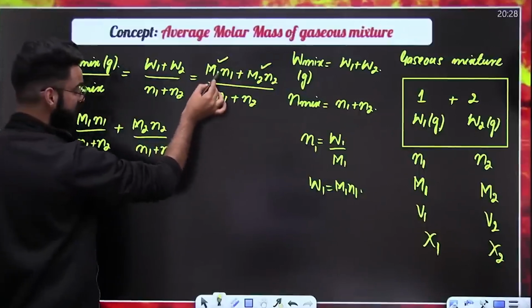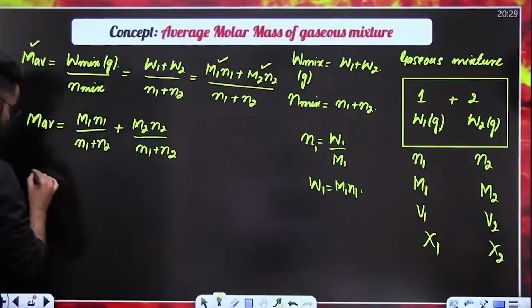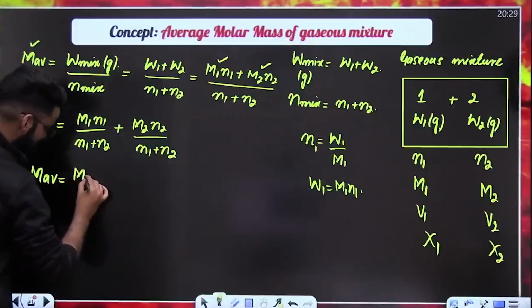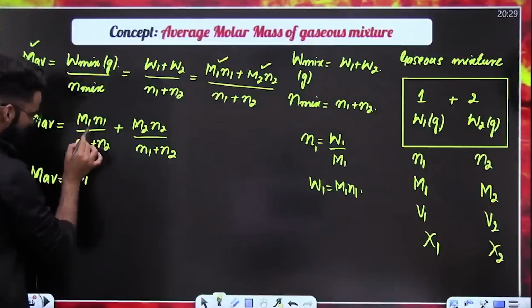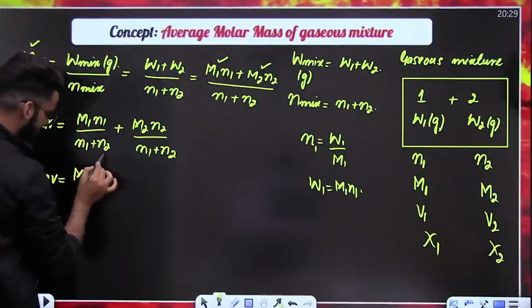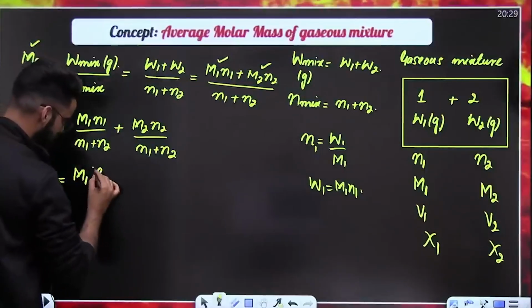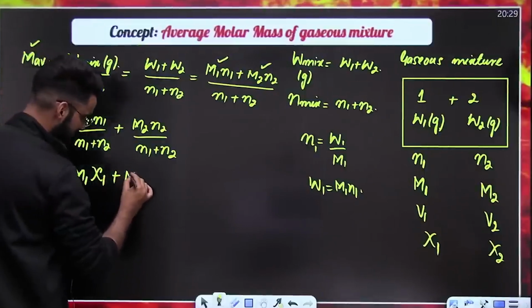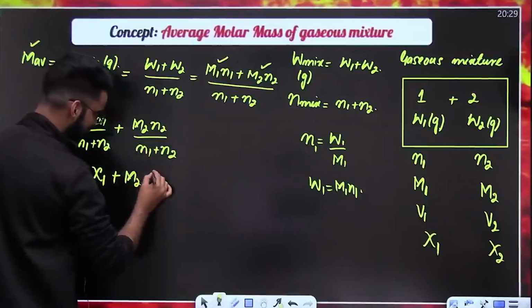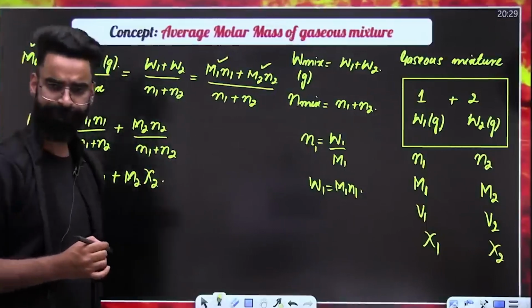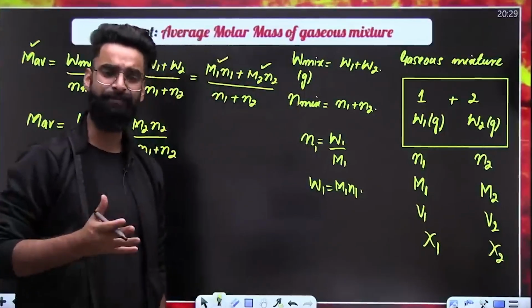This is the denominator of the first term as well as the second, so you can convert it into a different format. You can write M1 as such, times N1 divided by N1 plus N2: the number of moles of gas 1 in the container divided by total moles present in the container. Should I call that the mole fraction of gas 1? Plus M2, N2 divided by N1 plus N2. Should I call that the mole fraction of gas 2? Right? Isn't it simple again?